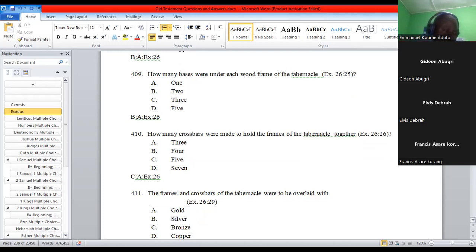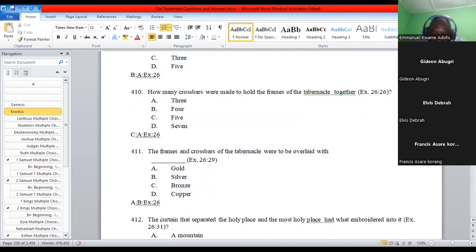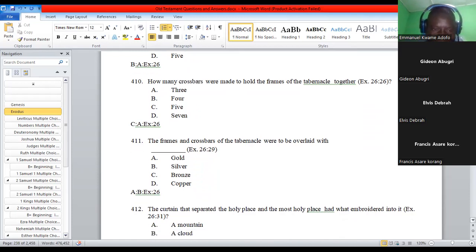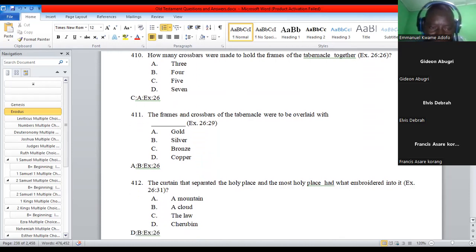Gold. Okay. The curtain that separated the holy place and the most holy place had what embroidered in it? Verse 31. What embroidery was in the curtain? Cherubim. Very good.